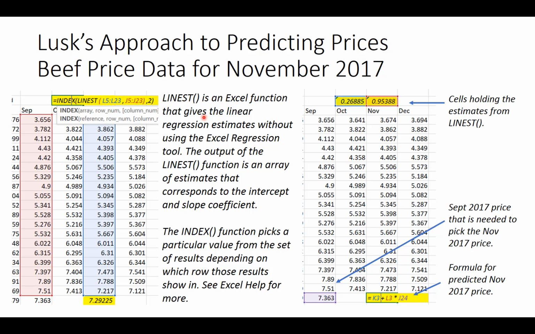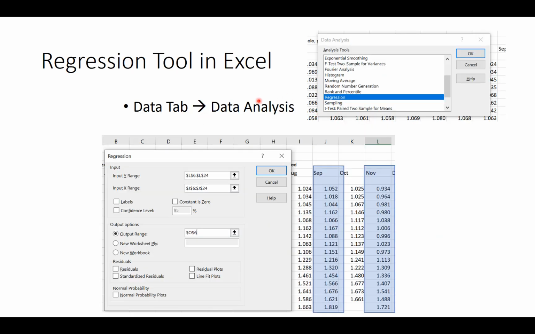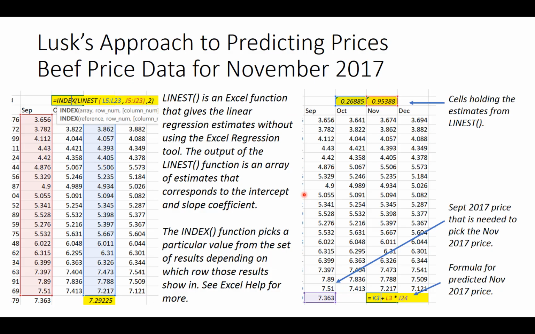So if we look back here, right, you have to go to the Data tab, click Data Analysis, click on Regression, and you get that big table of all the coefficient stuff with all the t-values and the standard errors and the 95% confidence intervals. So all of that appears.